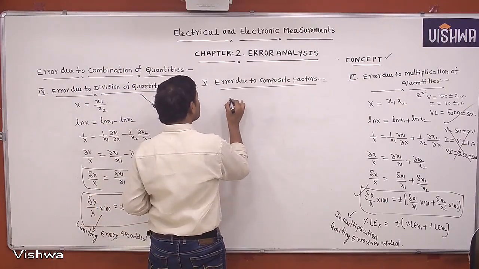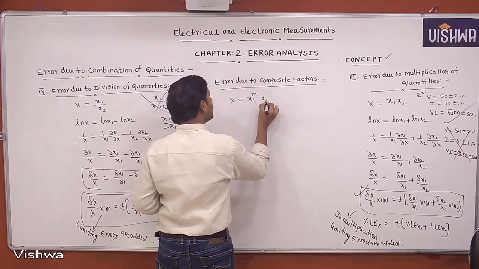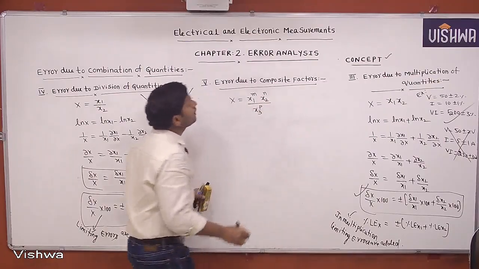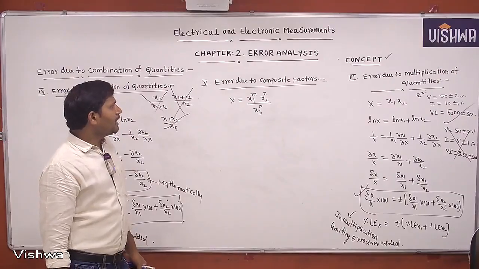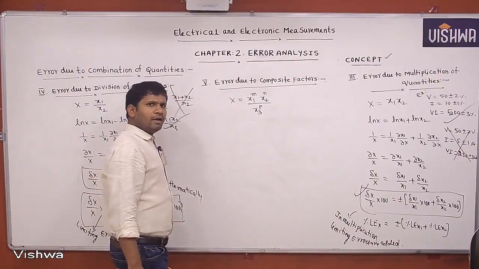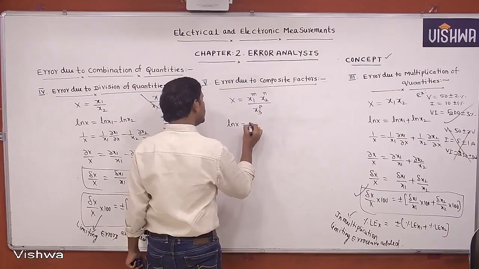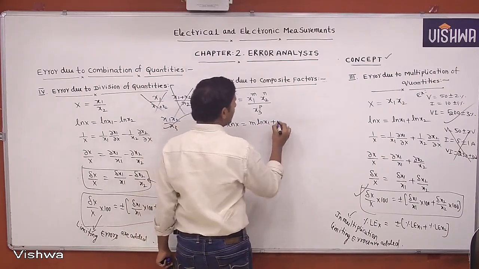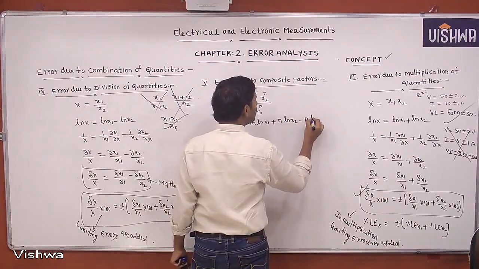In a particular experiment, x equal to x1 power m, x2 power n, x3 power p. If it is like this, then what is the resultant error in the measurement of x? If you want to simplify this one, take natural logarithm on both sides. What do you get? ln of x equal to m into ln of x1 plus n into ln of x2 minus p into ln of x3.